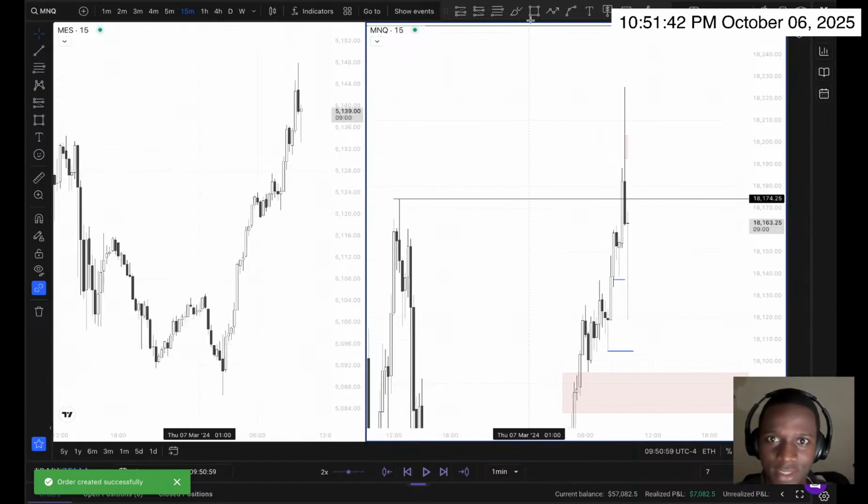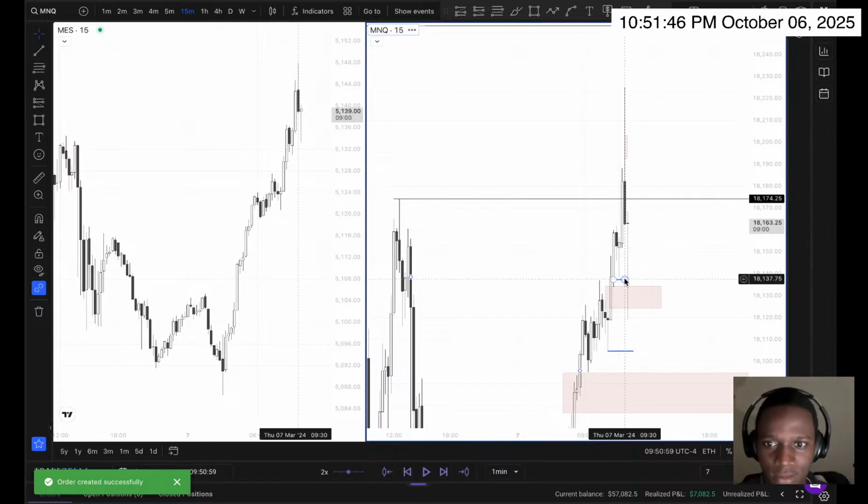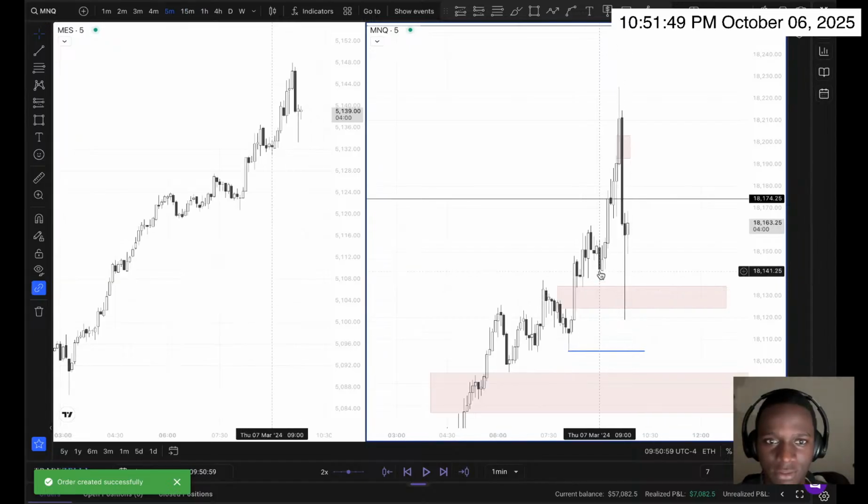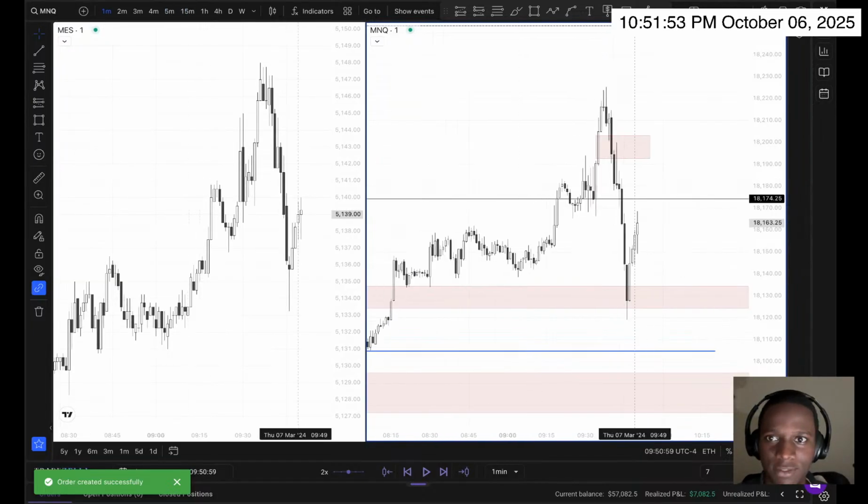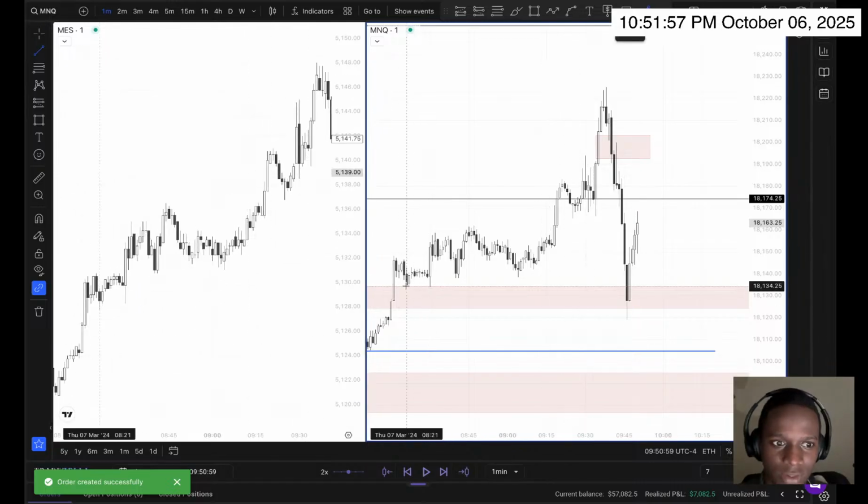On the 15 we have this gap. Now on the 5, we've run this low and this low here. On the 1 minute we have a big SMT. I want to see the furthest low. Is it this one?